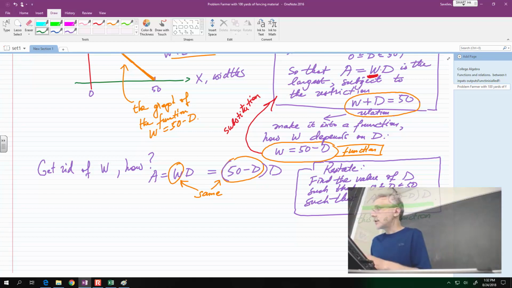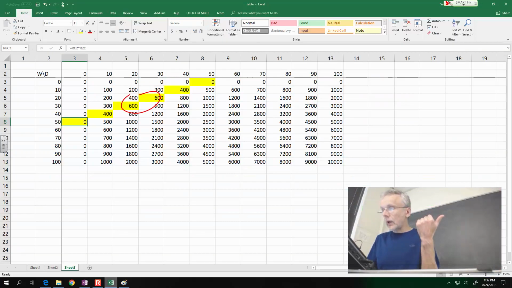Okay, so let's do that with the formula right here. You can appreciate how simple it is.